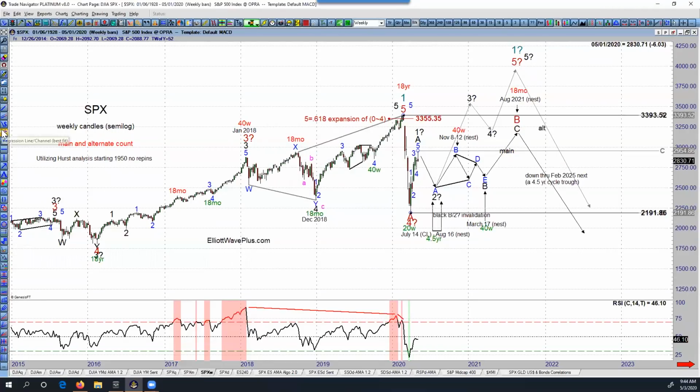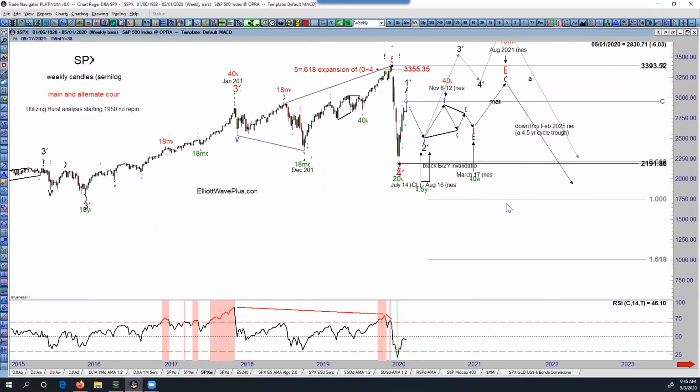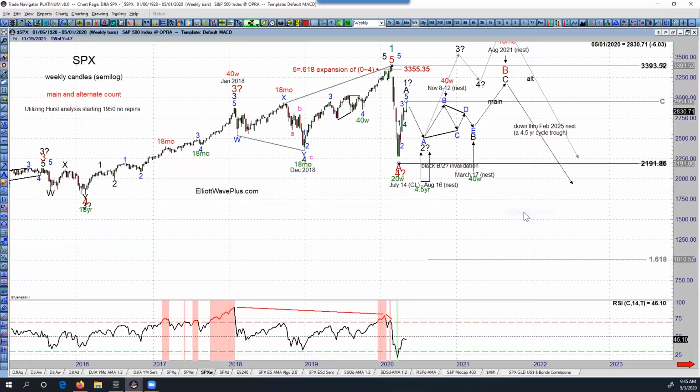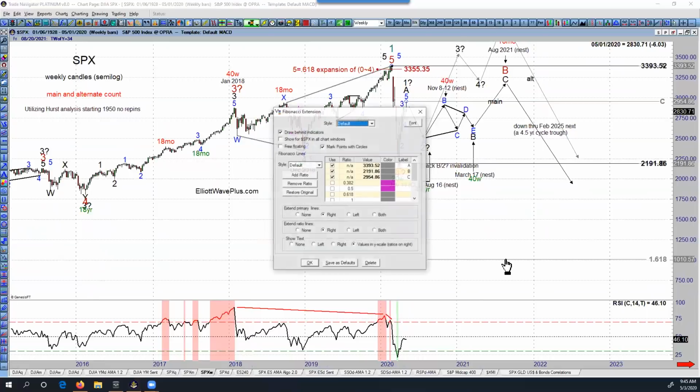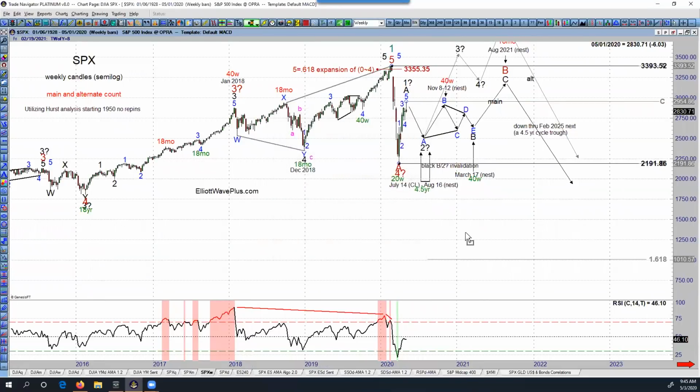Just trying to avoid crashing the platform here. So typically a wave 3, a very common wave 3, would be 1.618 times the length of wave 1.